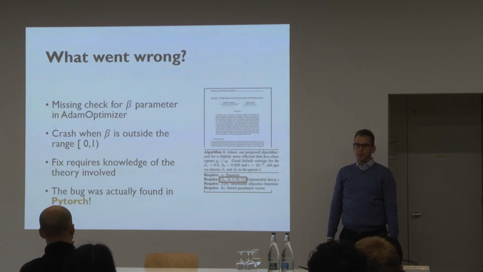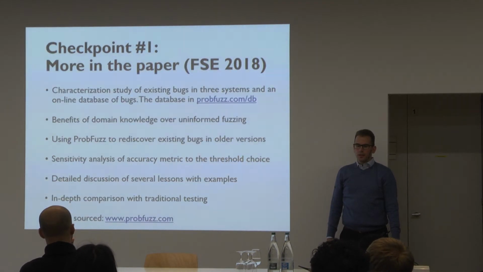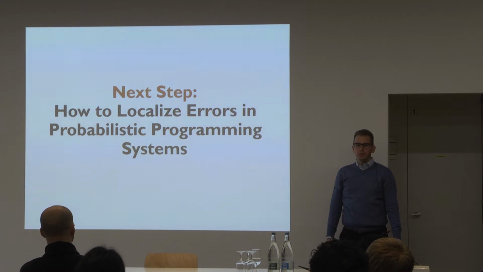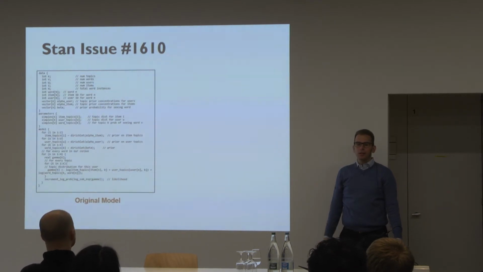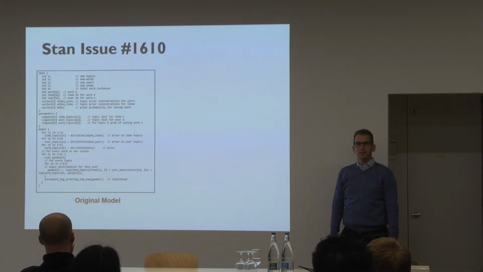All right, so let me move on to the next part. And now, being next on our software hat, here is one issue that a Stan user gave to developers. Can anyone tell me what this code is supposed to do, what probabilistic model it represents? LDA. Yes. Why do you say LDA? Topics?